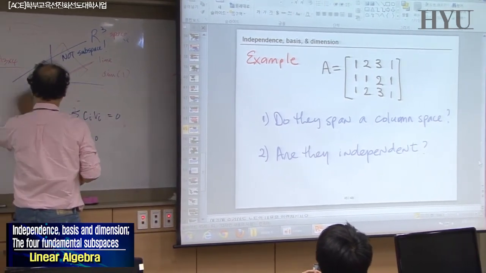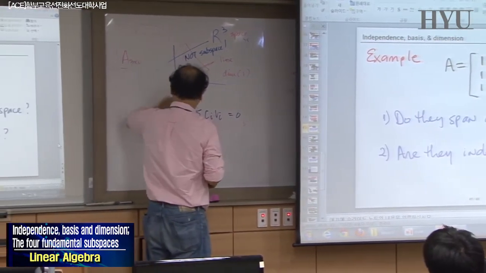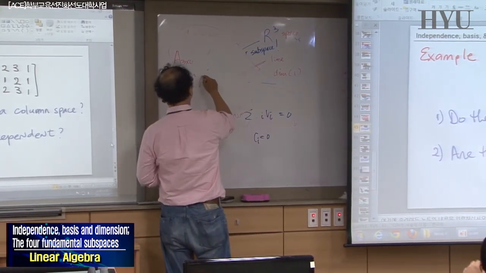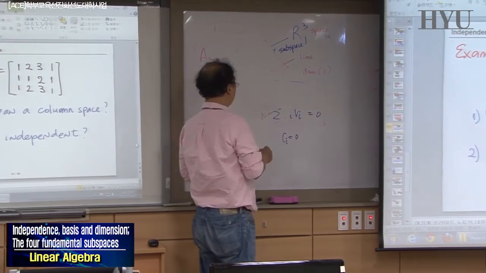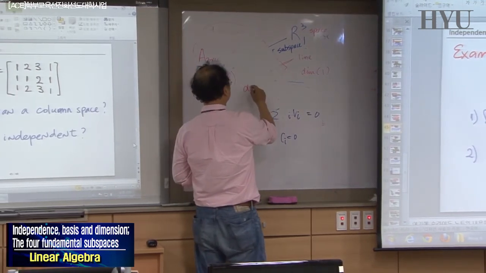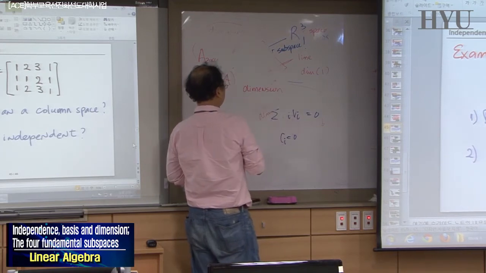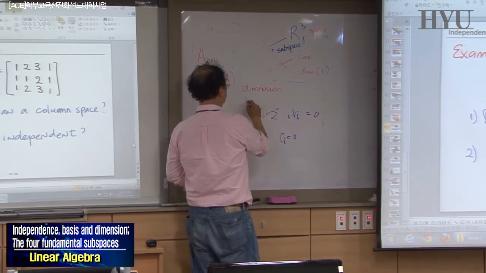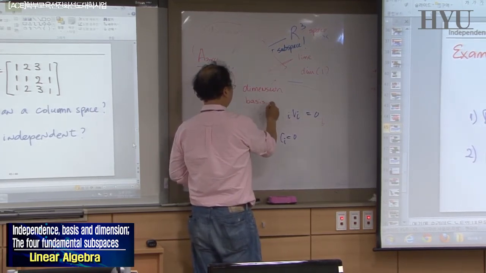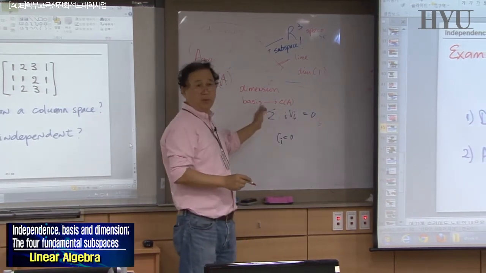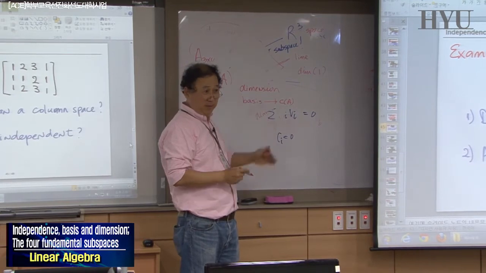So the column space is, let's say, C(A). We try to find out what the dimension is. Then we need to find the basis. Once we understand the basis, then we know the column space, right? Because all combinations of the basis vectors make up this space, right?